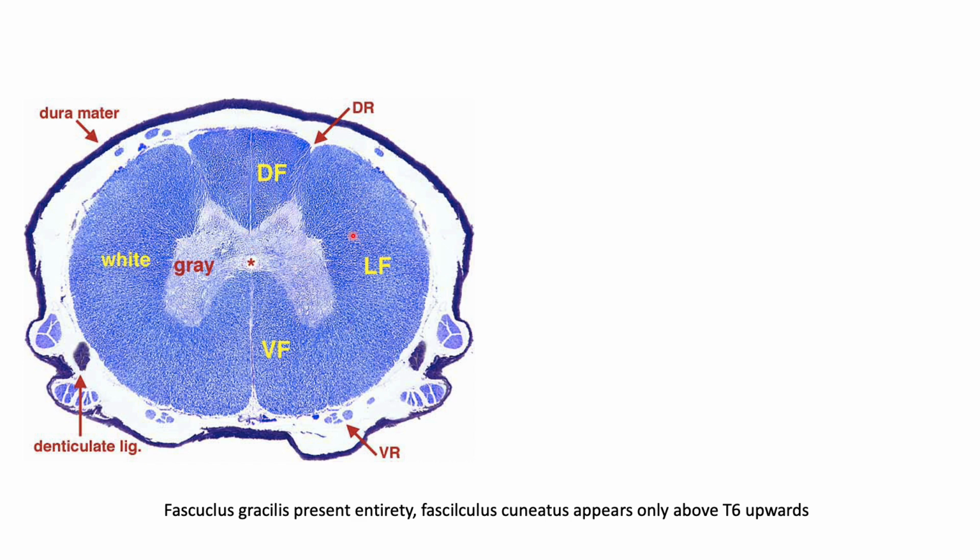So the white matter is divided into a lateral funiculus or fasciculus LF, a dorsal funiculus or fasciculus DF, and then a ventral funiculus or fasciculus. So that's the gray matter, that's the central canal. That is the anterior median fissure, and then that's the posterior median sulcus.